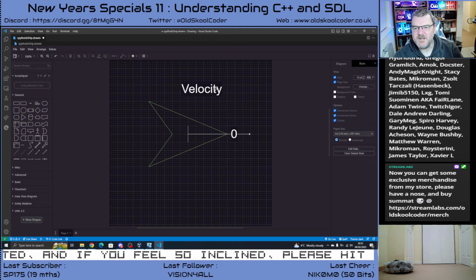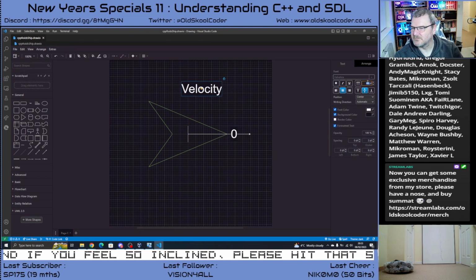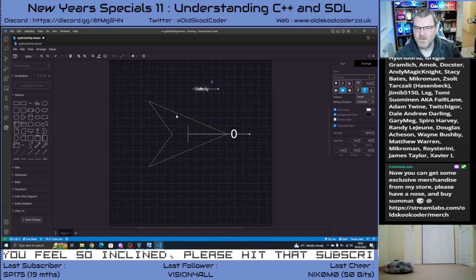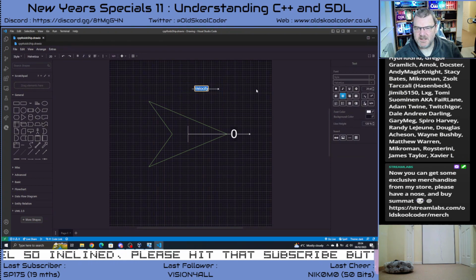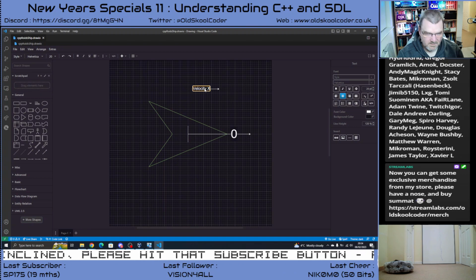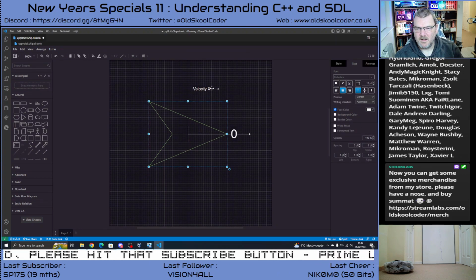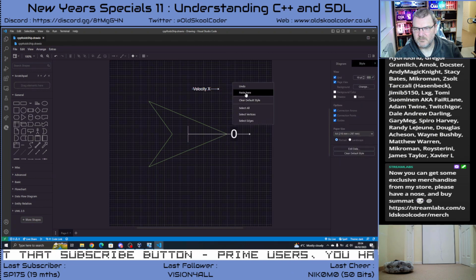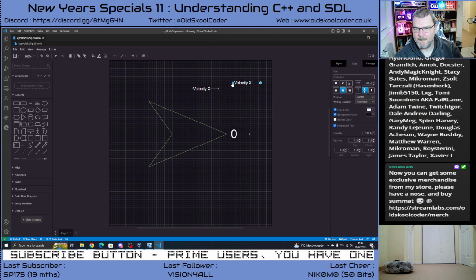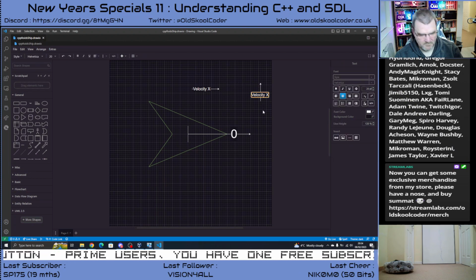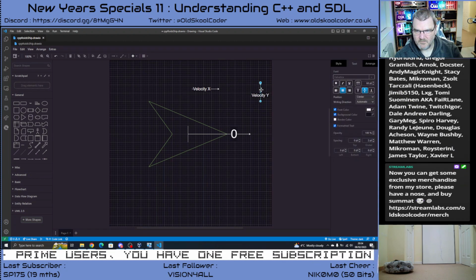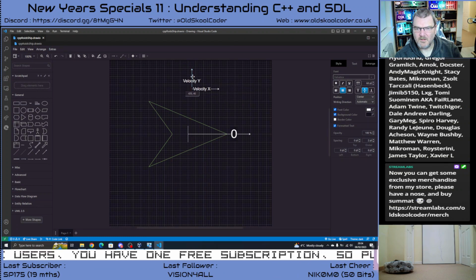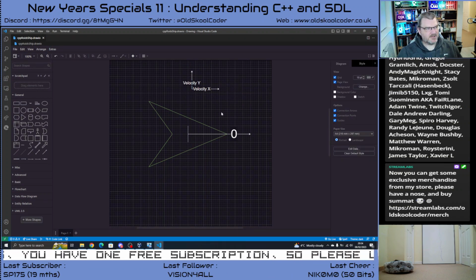So this is our velocity. So that's velocity X. And then we've got another one, which is velocity y. So that's the ship's velocity in both directions, yeah?